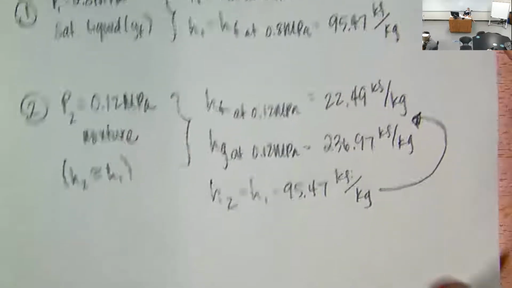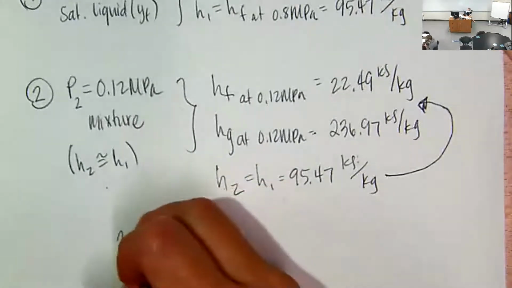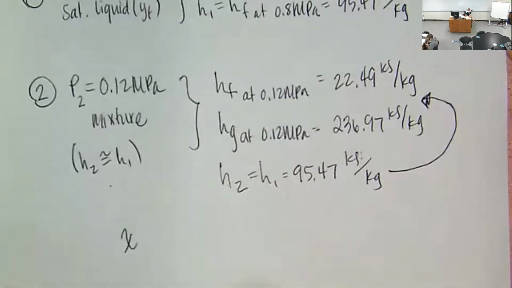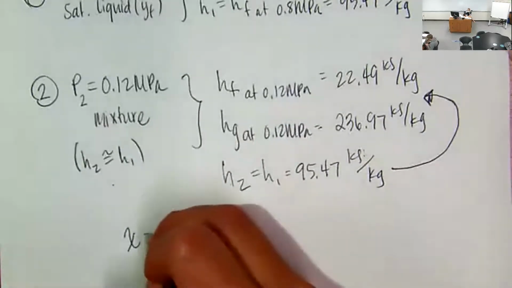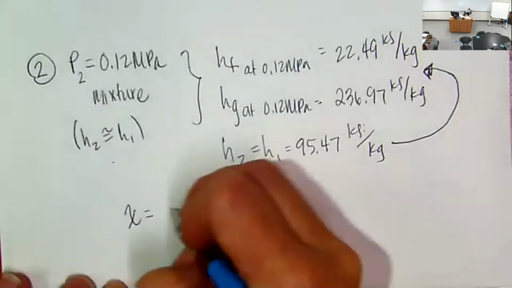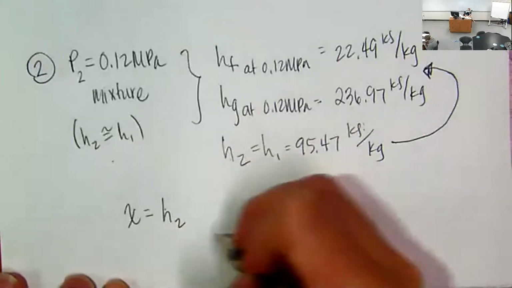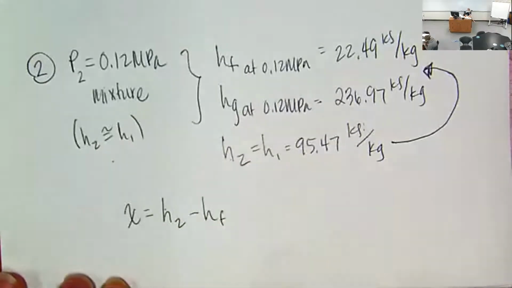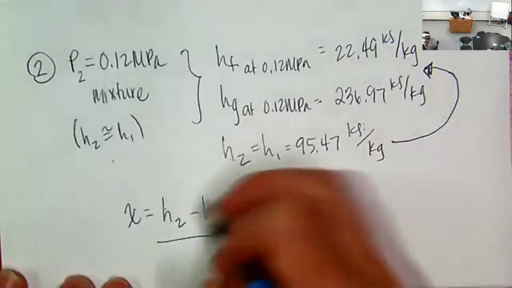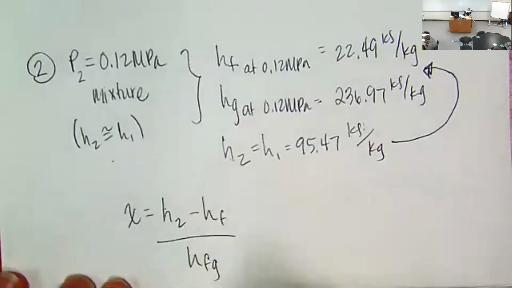But I know that one of my quality equations is, and you should all be familiar with this now, my enthalpy value at the point I'm interested in, minus my enthalpy value of my saturated liquid, divided by my enthalpy value of my saturated liquid vapor.